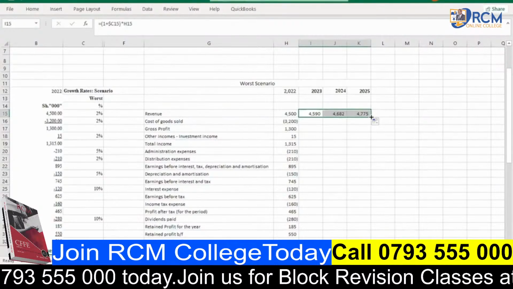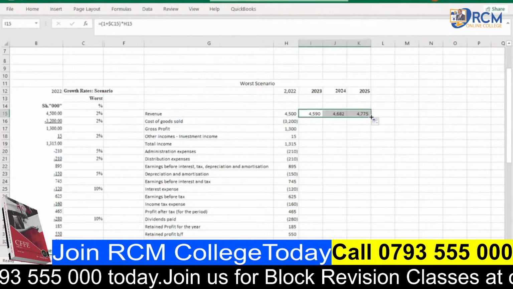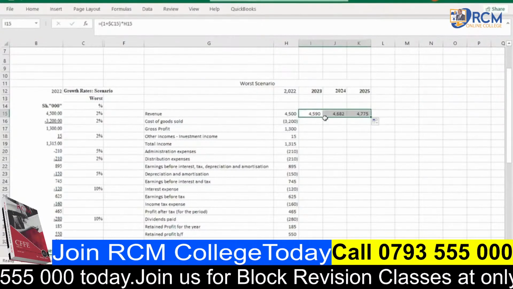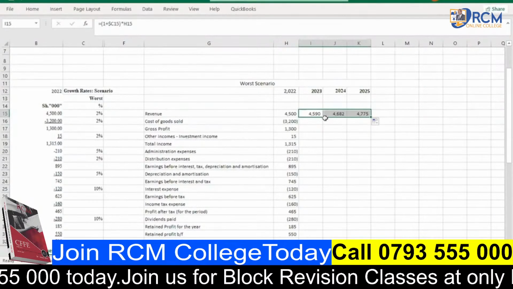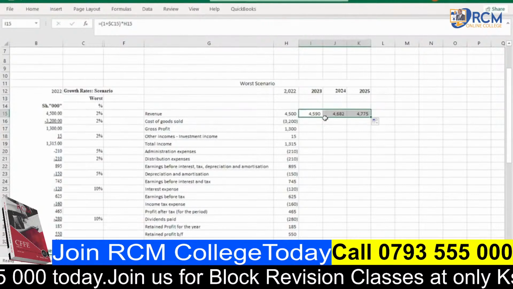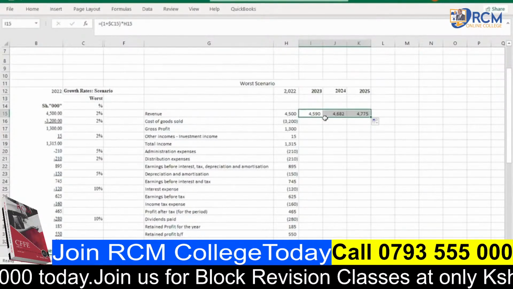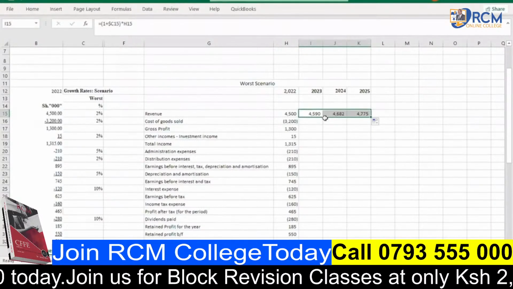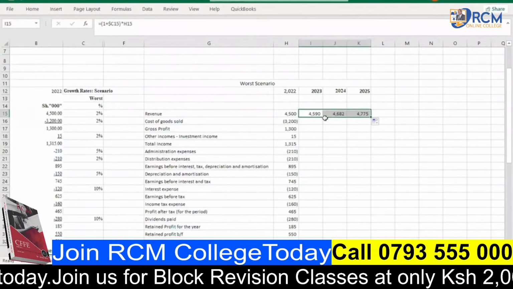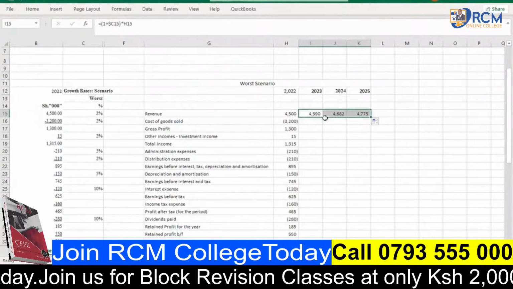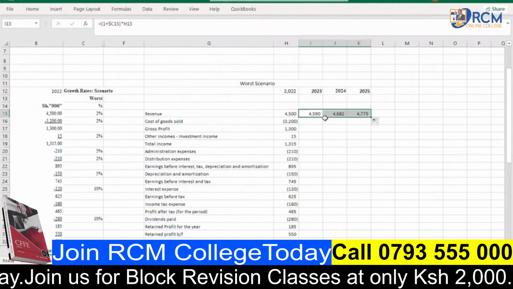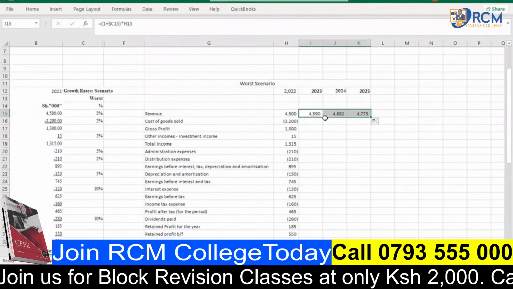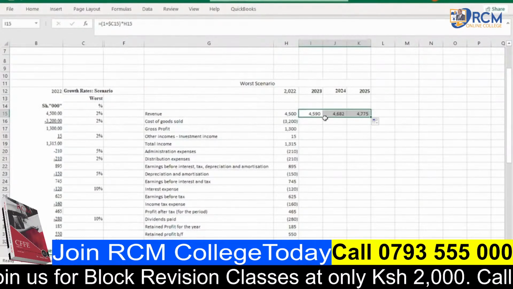Do you now have everything auto-filled? iPhone, confirm. Anyone else? Any other person who has been able to do that?